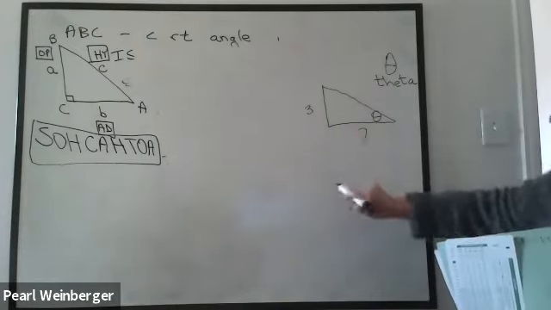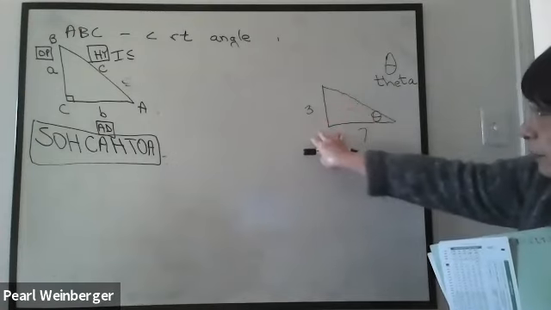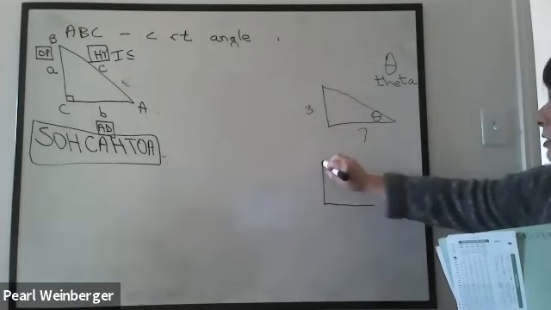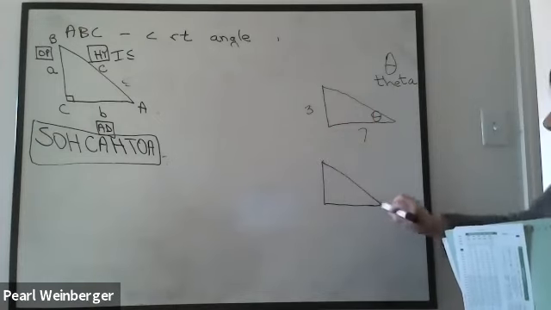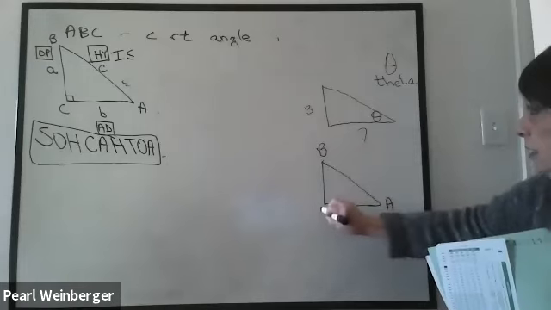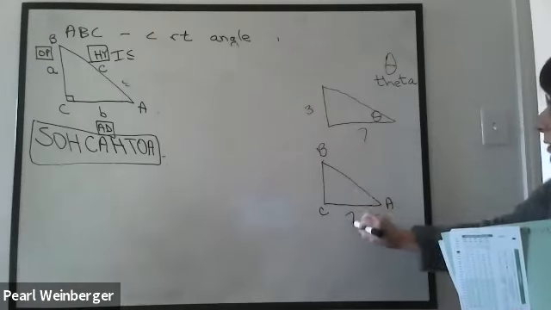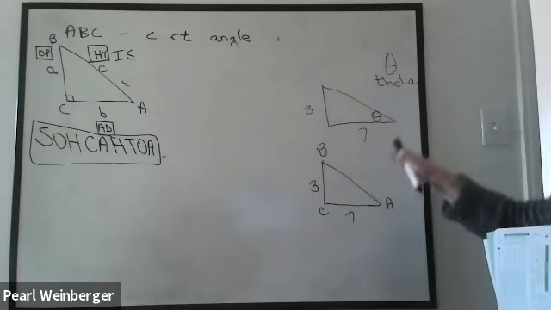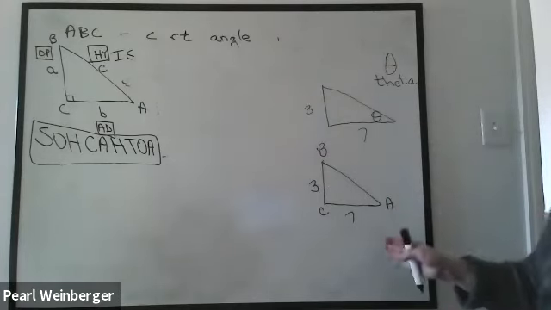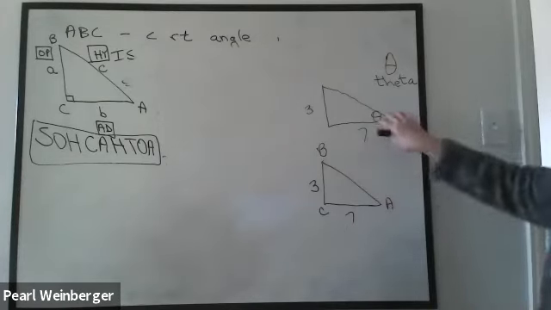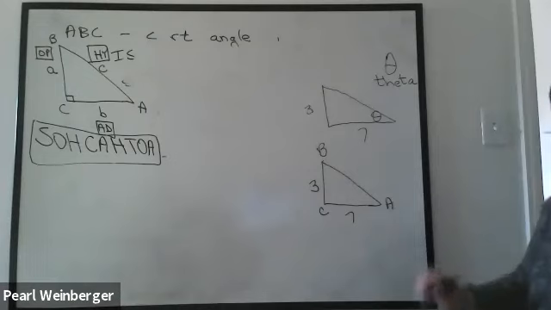So again, I could have been given the picture this way, or this way, where I call this A, B, C, and this would be my 7, and this would be 3. In other words, angle theta and angle A are the same thing. This is using capital letters, this is using Greek letters, but the idea is the same.